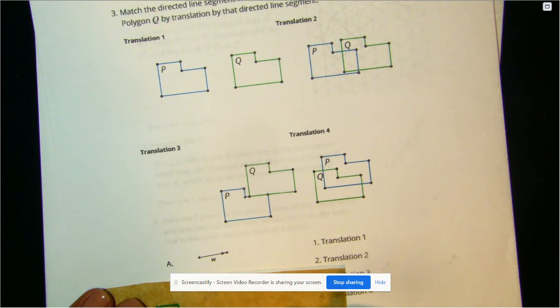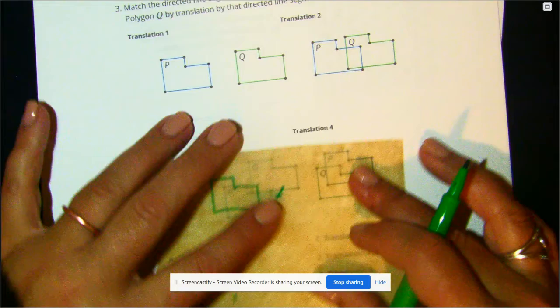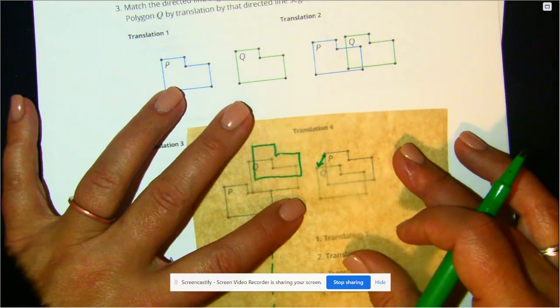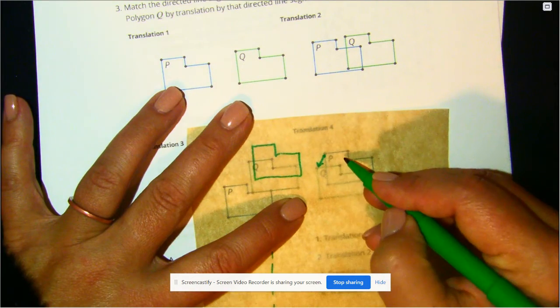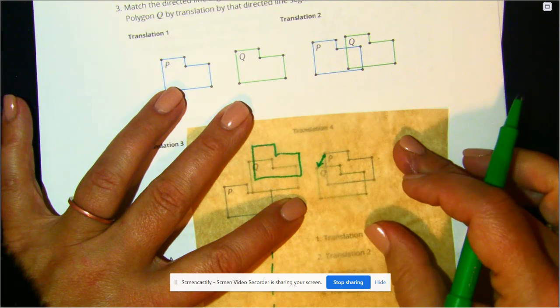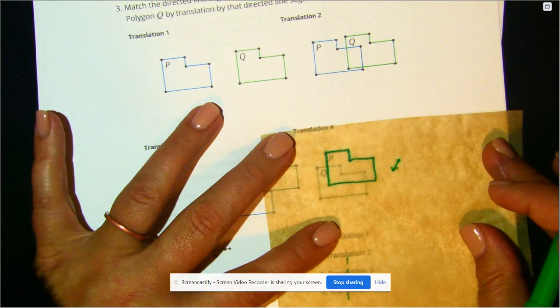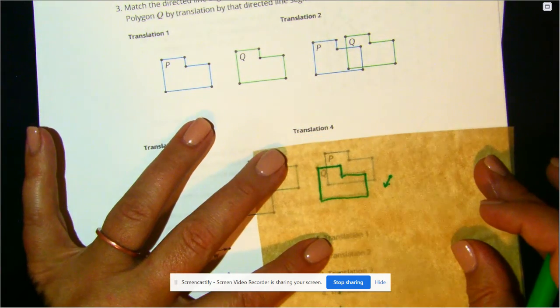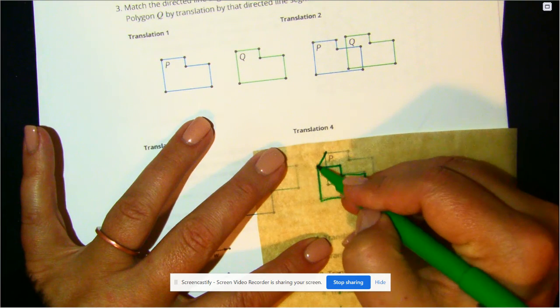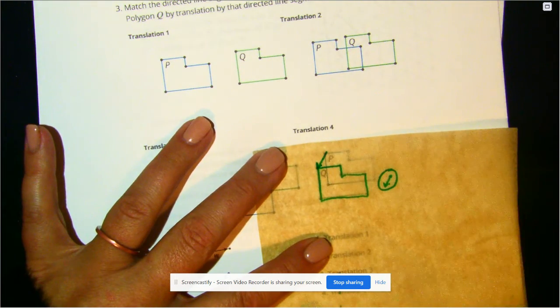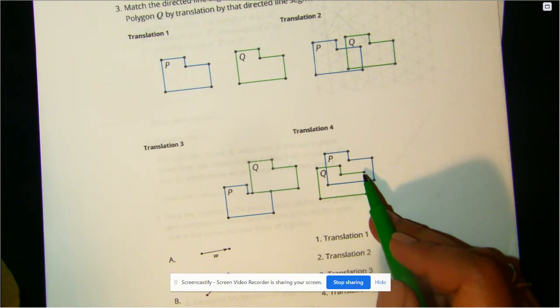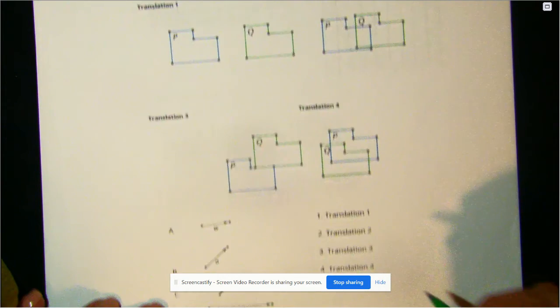No, that's kind of hard. You see how there's P and it got moved by this much. So I can tell translation 4 goes to letter C.